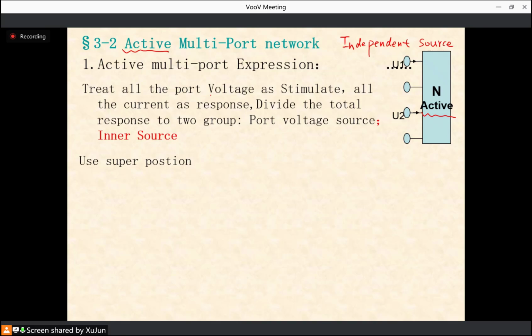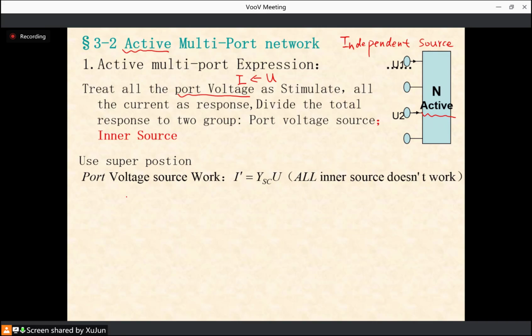Treat the port voltage means we use U to express I. We treat the port voltage as source, and we use superposition. The port voltage source work alone. We assume all inner source doesn't work. That means although this network contains the independent source, we assume there's no source inside at first.